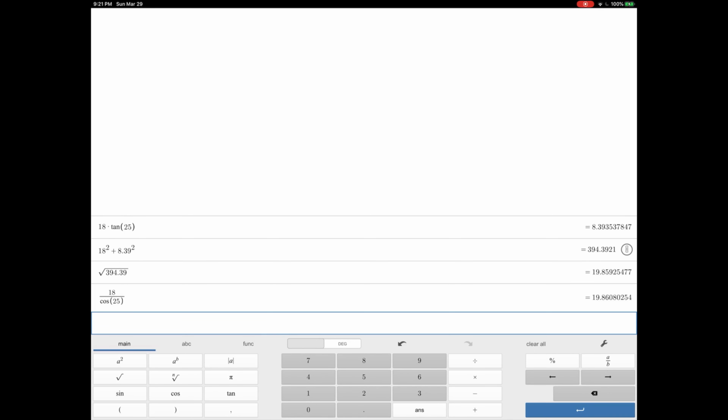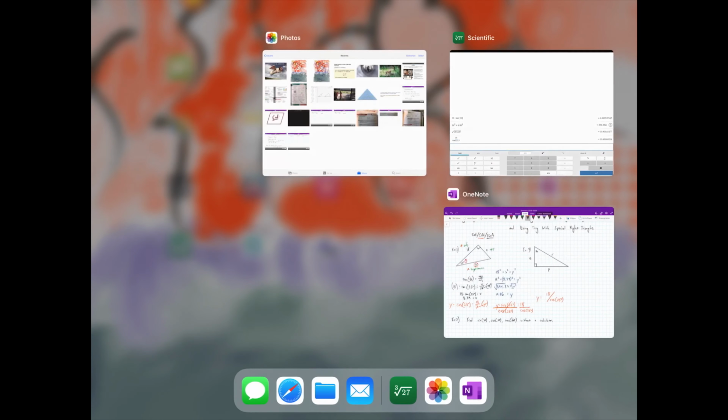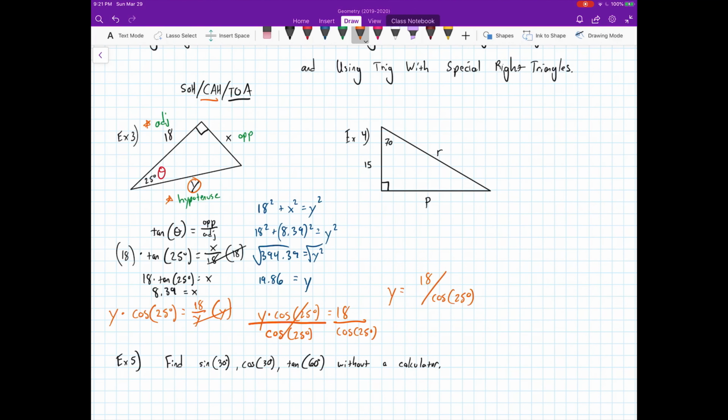So very, very similar numbers. And since we rounded, we're expecting a little bit of difference, but definitely getting the same thing. So y is equal to 19.86 after rounding. So there's an answer, and there's a different way to solve for y.